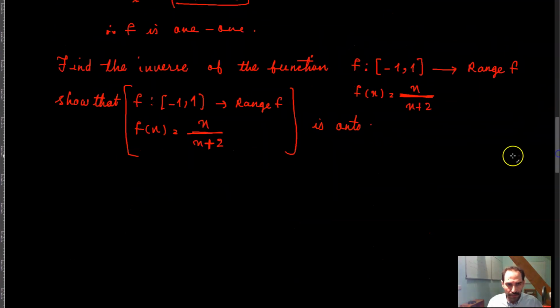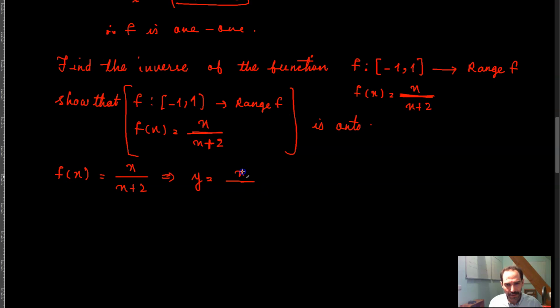So in order to do that, you can use the inverse of the function, meaning that if I write f of x as f of x is equal to x over x plus 2, and write f of x as y.